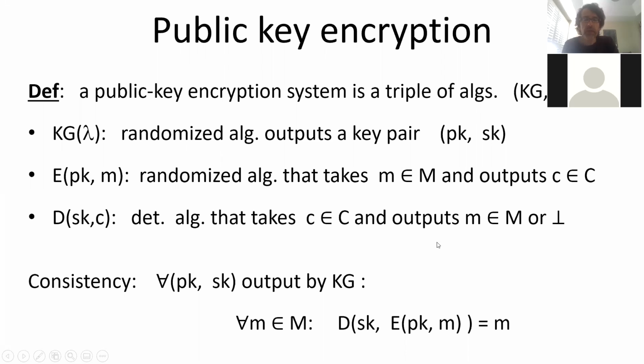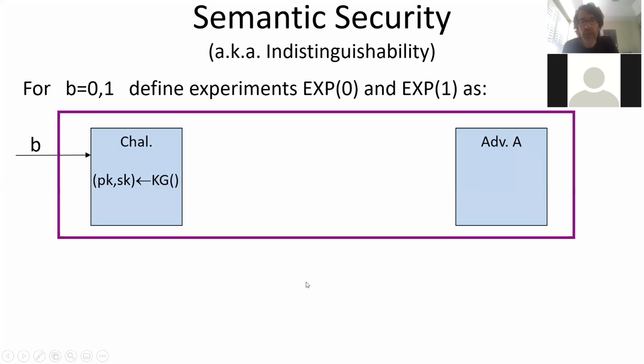Okay. But let's first say, okay, so we have the correctness. Now, what about indistinguishability or chosen plaintext attack security? Well, this indistinguishability is the same experiment as we have had before, right? So there is some secret bit, but except now, instead of, as in the symmetric key cryptography case, choosing a key from a key space, you run a randomized key generation algorithm and you generate a public-private key pair.